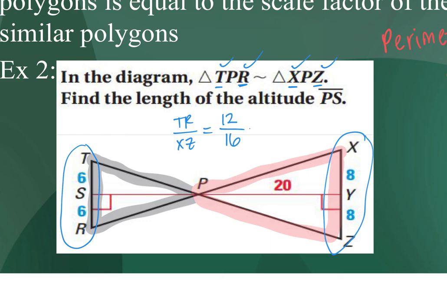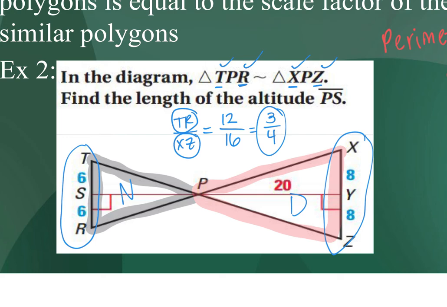What's the common factor between 12 and 16? 4, right? So it's 3 over 4. Okay, so now TR was our numerator, XZ was our denominator. So put an N inside this triangle, put a D inside this triangle for a numerator versus a denominator, okay?